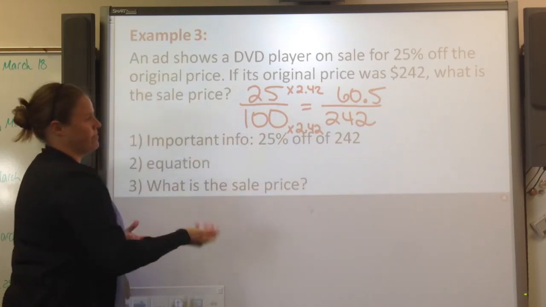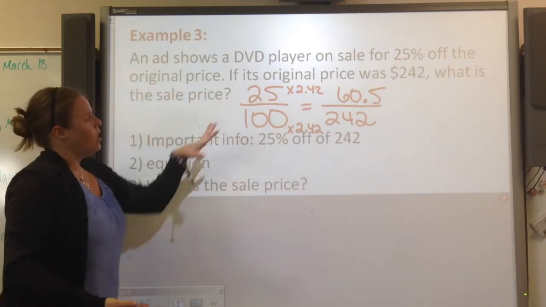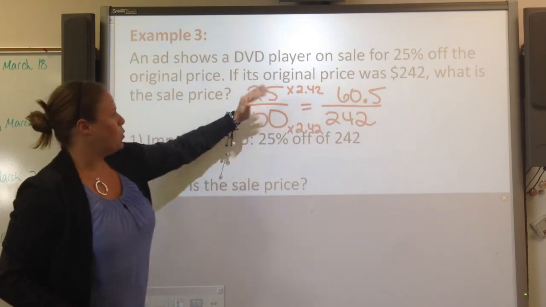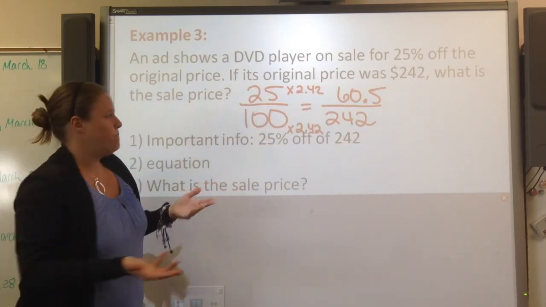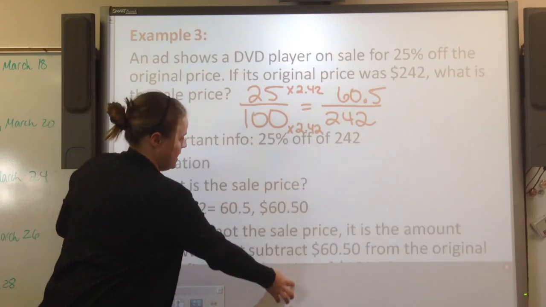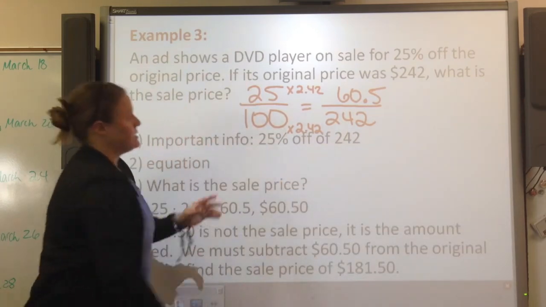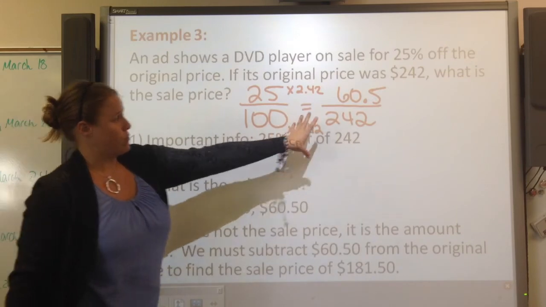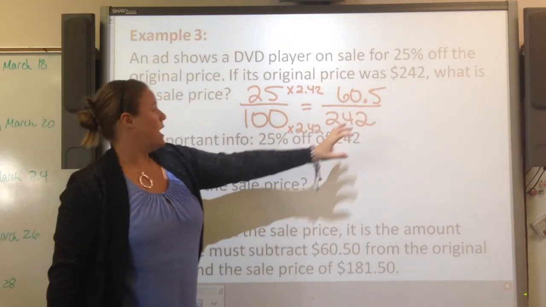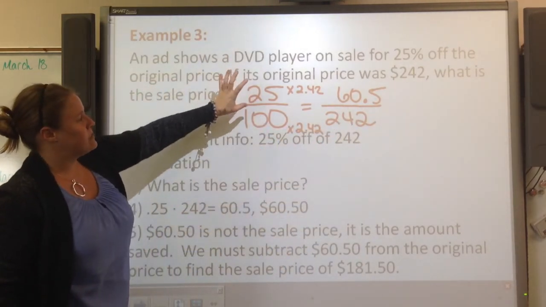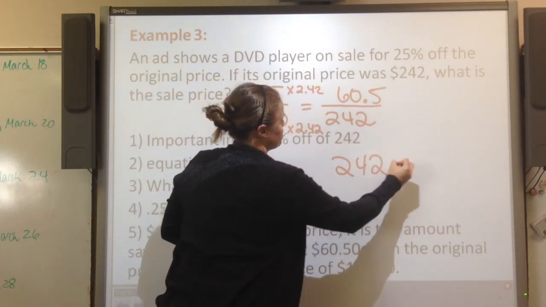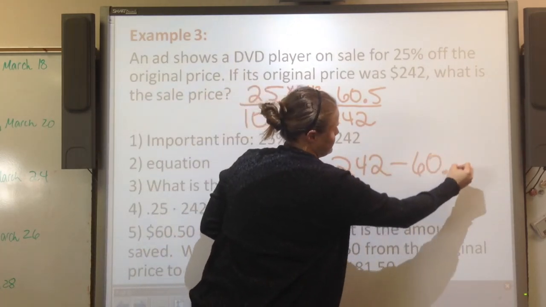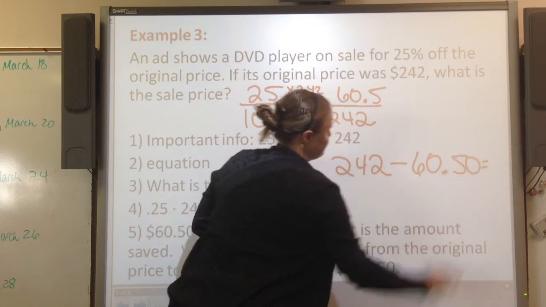So again, looking at my question, what is it asking me? Well, it's asking me what the sales price is. Well, what I just found here was what 25% off is. So then what do I have to do now? I have to take my work and then I have to subtract it. So if the original price was $242 and the sales is 25% off, I take my $242 and I subtract $60.50.